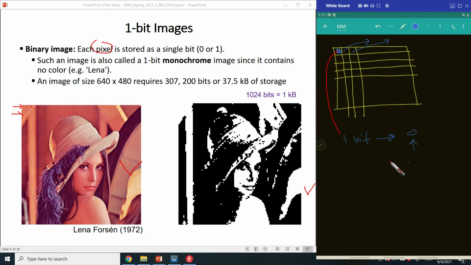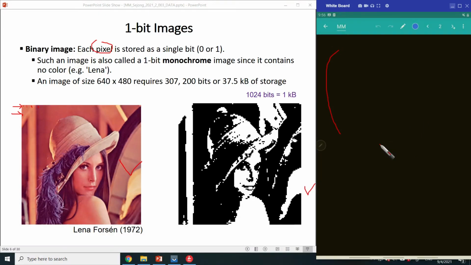If it is 0, we understand that this is black, and if it is 1, we understand this is white, right? So if this information is passed to a computer monitor, then in that particular pixel it shows either black or white. So for each pixel we require 1 bit of information. This is a very simple thing.